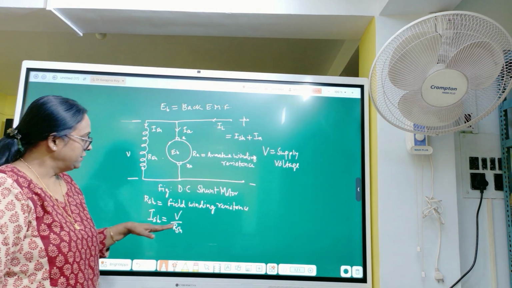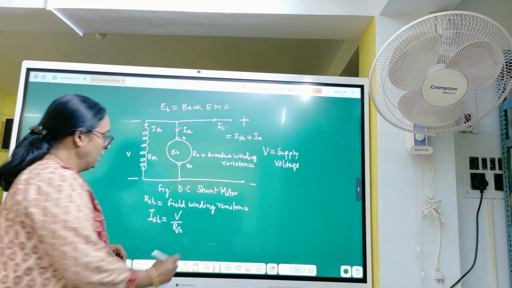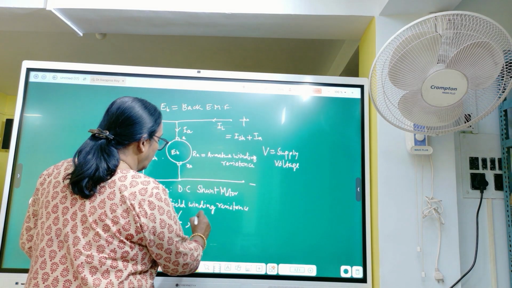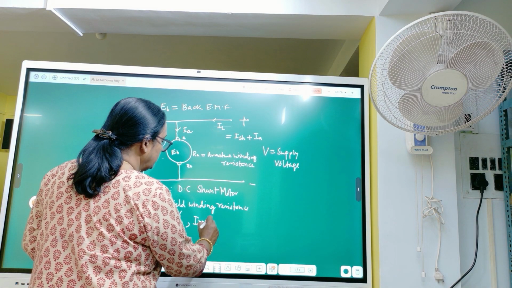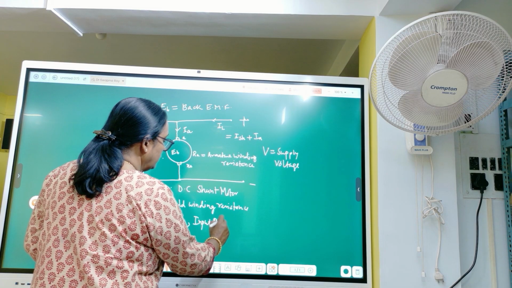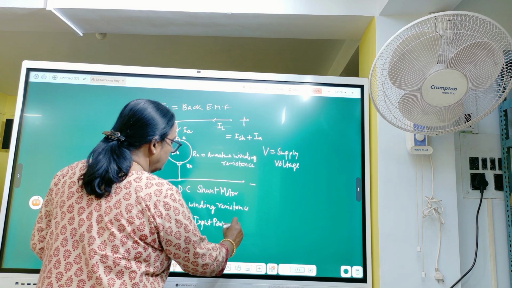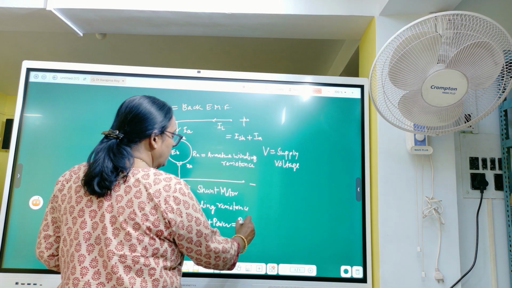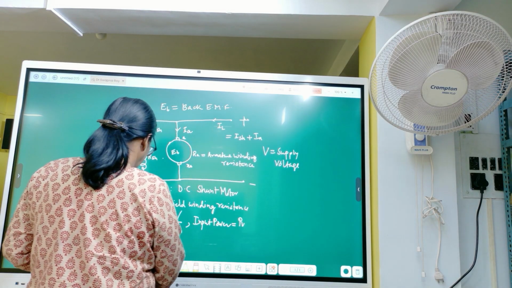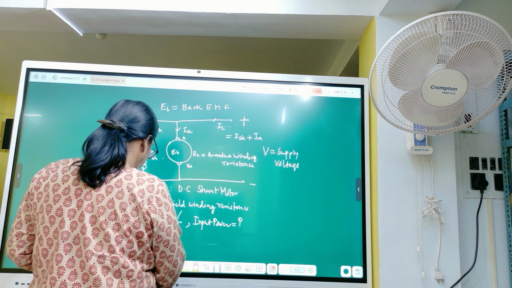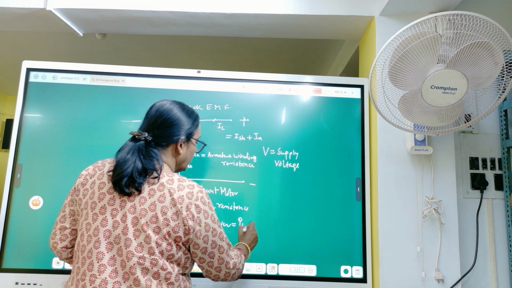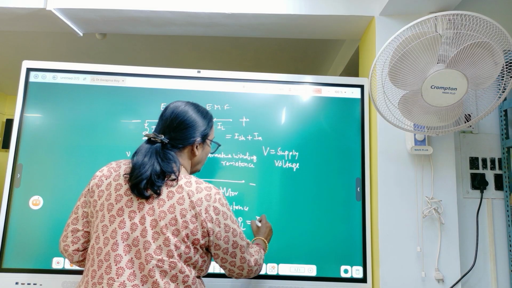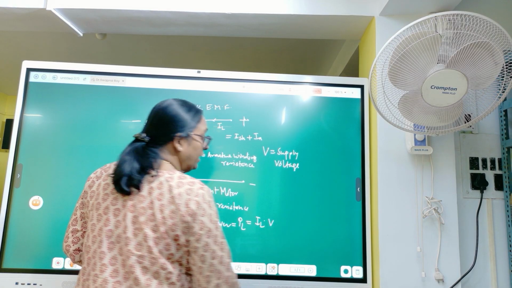ISH, that is the shunt current, is V by RSH. And the input power PL is equal to IL into V.